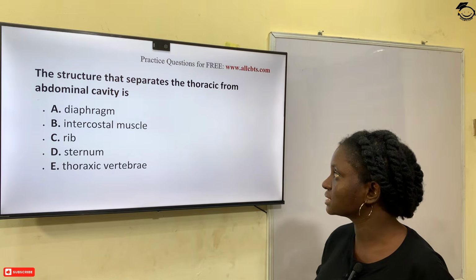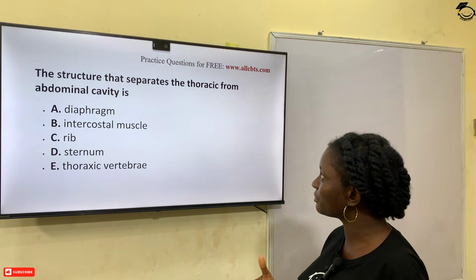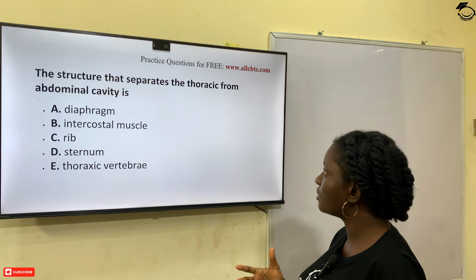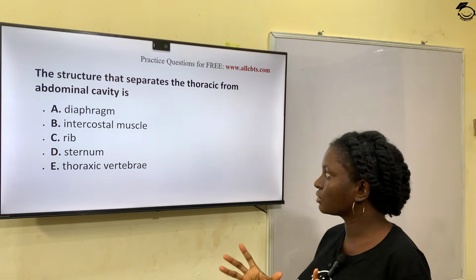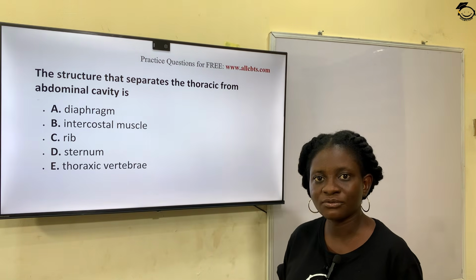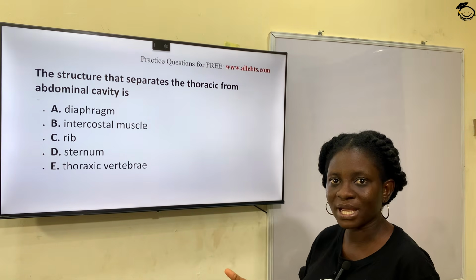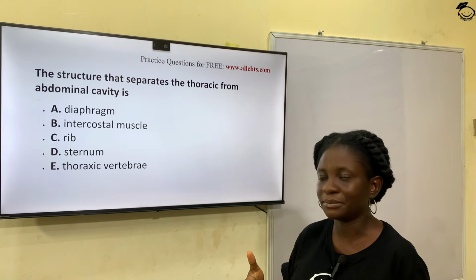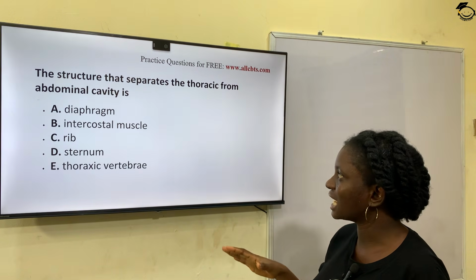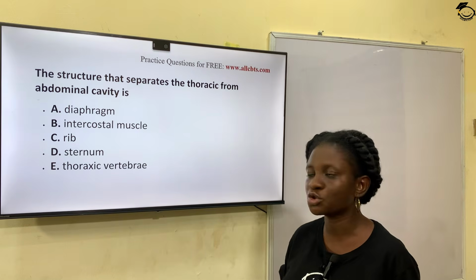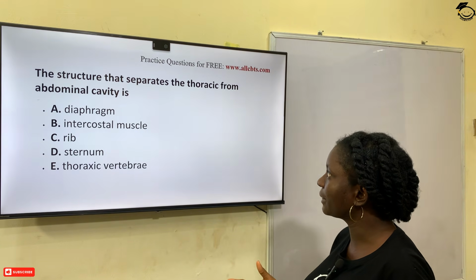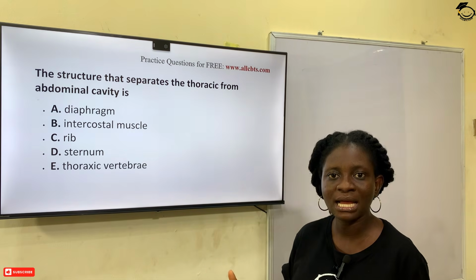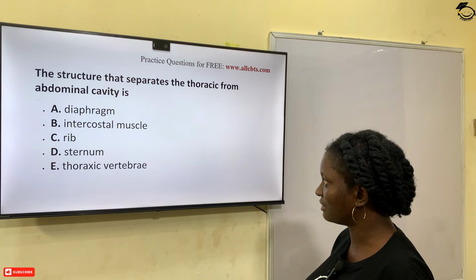Next question says, the structure that separates the thoracic from abdominal cavity. The thoracic involves the upper part where we have lungs and chest. The abdominal cavity is the stomach region. So which structure separates the thoracic from the abdominal cavity?